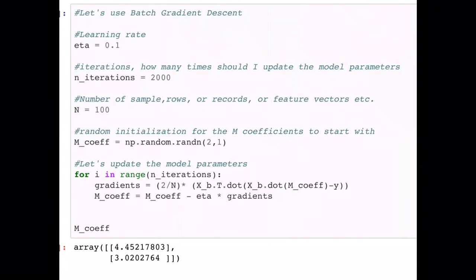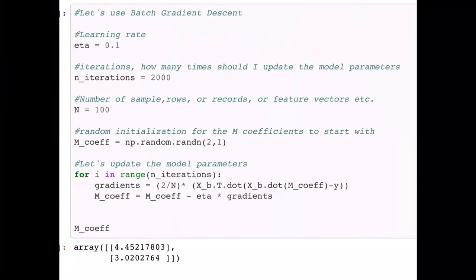Now imagine if we had a very large data set, and if we have to run 2000 times or even 3000 times or 5000 times, it is going to be extremely slow. So that is the first problem with your batch gradient descent method, that means running it for so long.